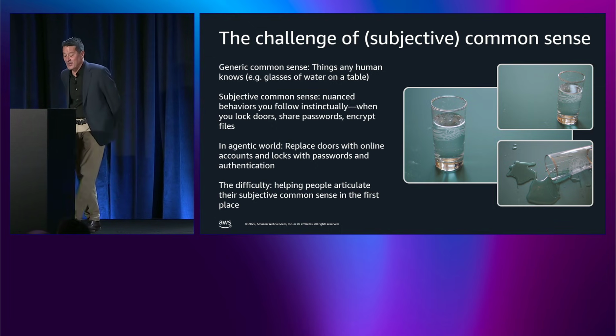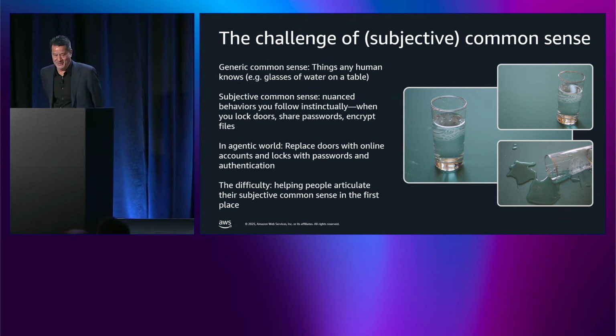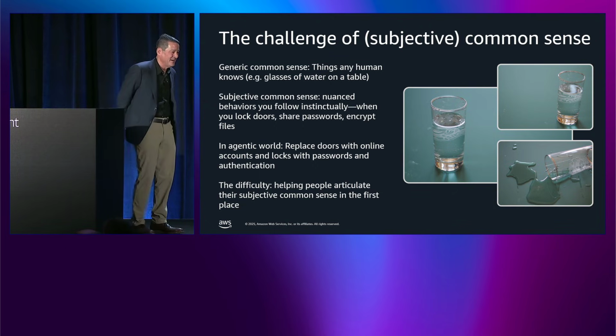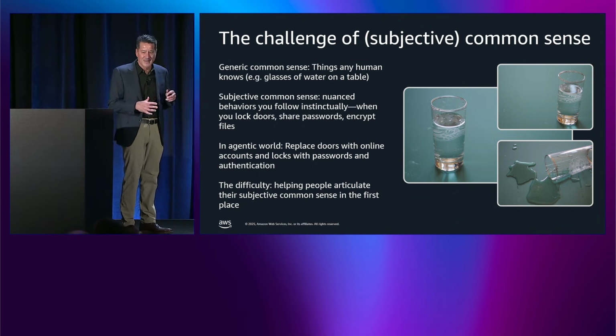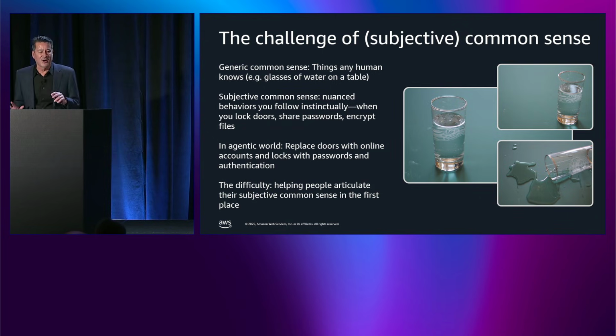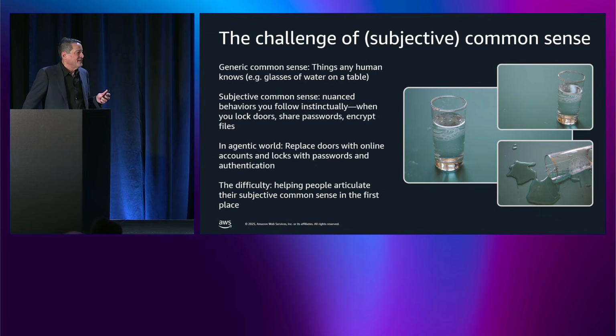I have a colleague at Duke who spends, as far as I can tell, all of his time posting on social media examples of LLMs failing basic common sense things. But for the most part, this has gotten much better. And I think this is just due to the fact that if a model sees images of glasses on tables sitting upright and tipped on their side enough, it'll learn this.